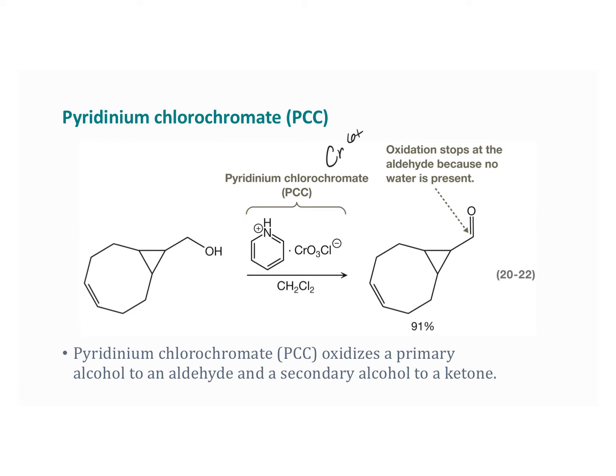So oxidation is possible when the OH group is attached to the carbon atom bonded to a hydrogen. But unlike chromic acid, PCC is soluble in non-aqueous solvents. So this is a non-aqueous solvent, which is dichloromethane, and that allows the oxidation to take place in the absence of water and us to stop at the aldehyde stage.